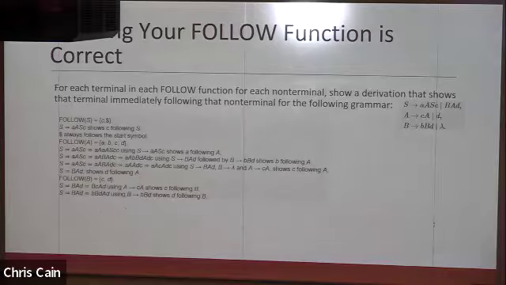So very similarly, you can just draw it out and show that after some expansion, it immediately follows. Just don't expand the non-terminal that you are querying. So if we're looking for follow of A, just never expand the A, and expand things that come after the A until you can produce a string where what immediately comes after is that character. Again, this doesn't show that it's complete, it just shows that it's correct. That everything that is in there should be in there, and not that there's something else out there that also should be in there.